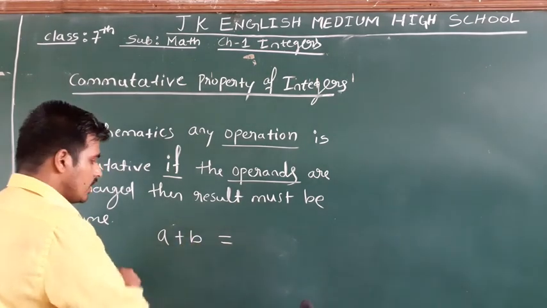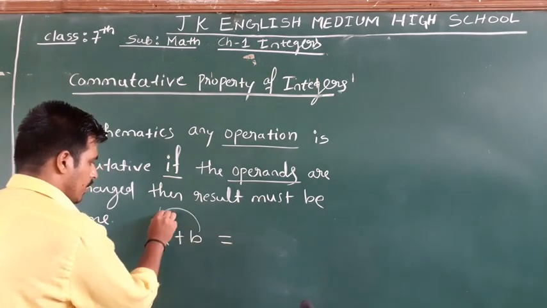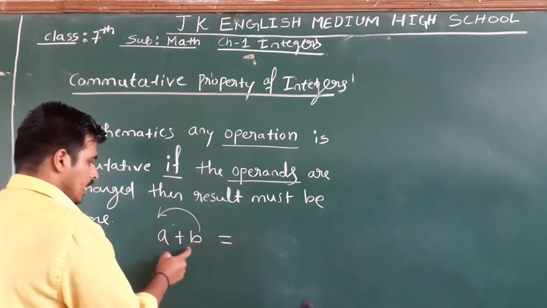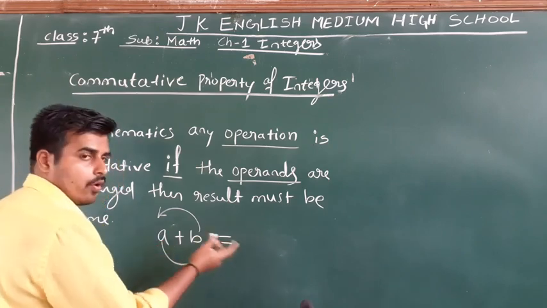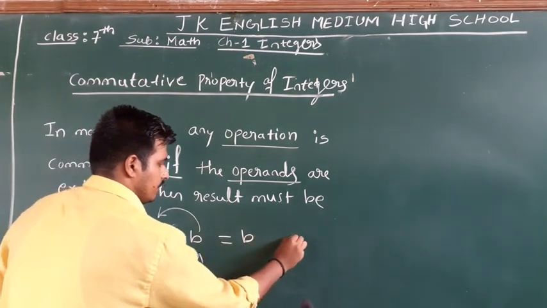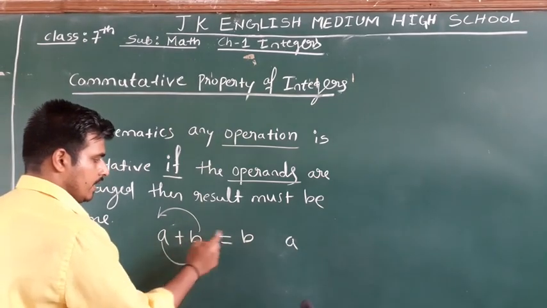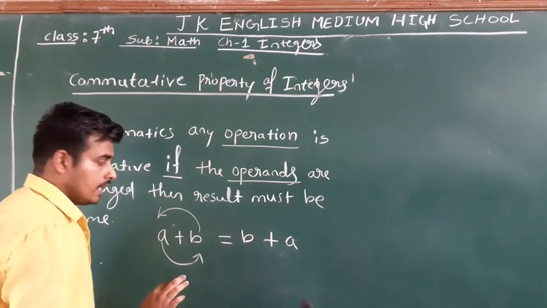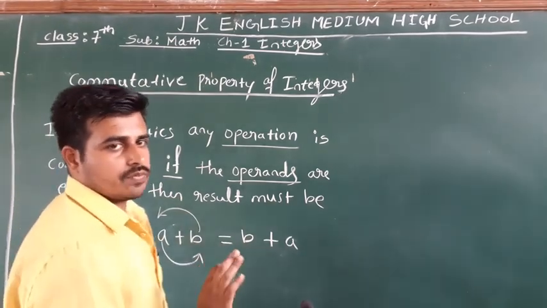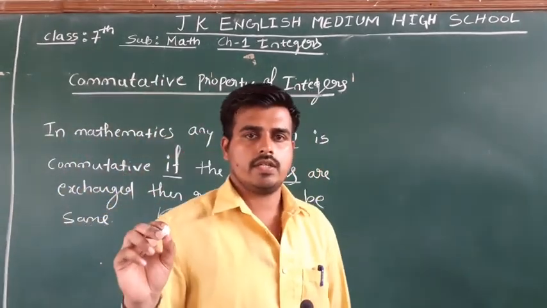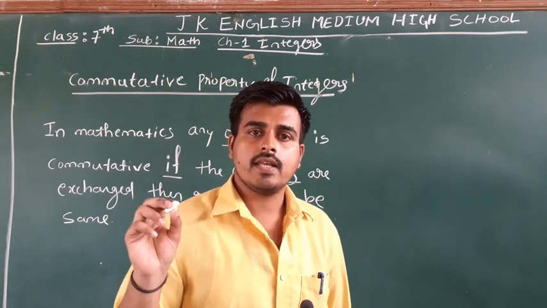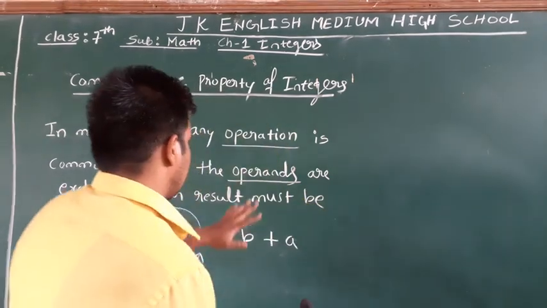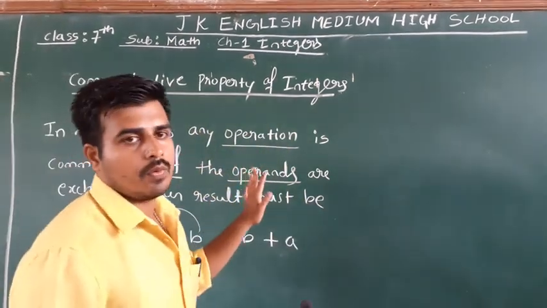If you exchange the operands, in place of a you take b, in place of b you take a, keeping the operation the same, then the result must not change. You should get the same result, then it is known as commutative in nature. So this is the general explanation of a commutative property.